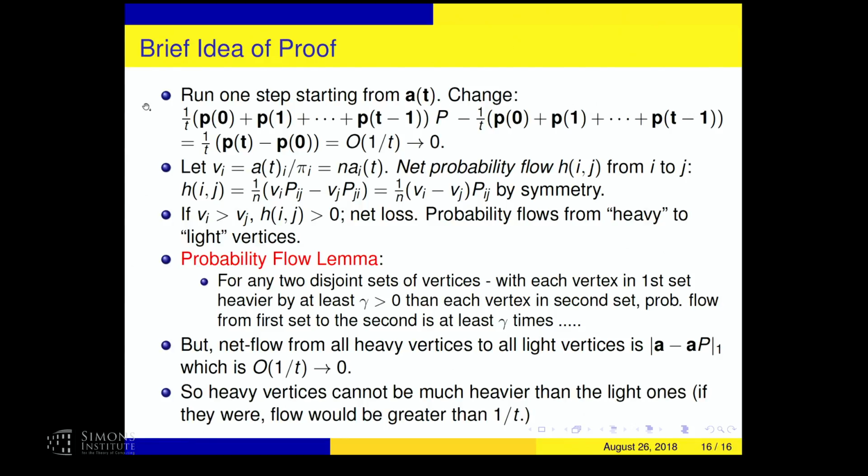You cannot have that. So heavy vertices cannot be much heavier than light ones. If they were, the flow would be too large. So this can be completed to a proof. It's the reference in the book. It's a more probabilistic proof than perhaps what one usually sees. Okay, I'm done.